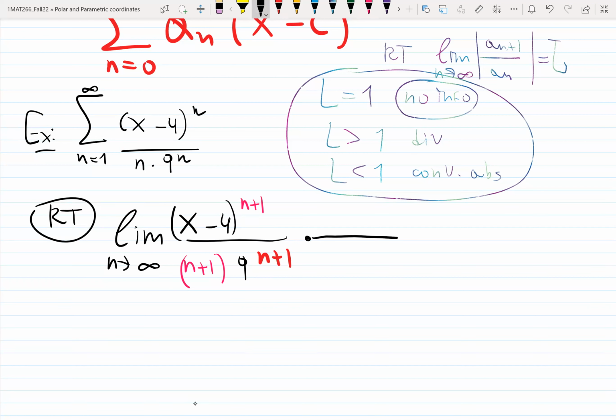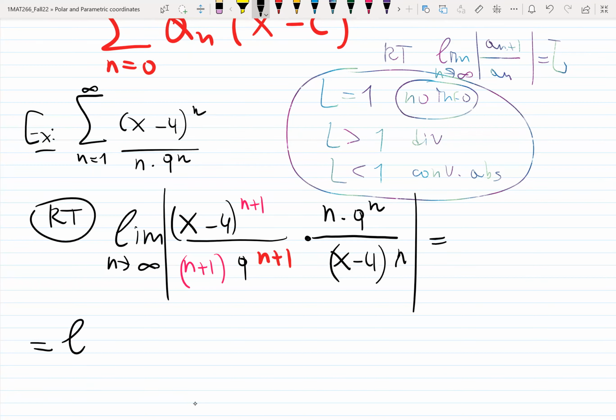Multiply by the reciprocal, I like doing that: 9 to the n over (x minus 4) to the n. Don't forget absolute value. I took points off if you didn't, because without absolute value it doesn't make sense. Now simplify whatever you can. Don't forget the limit. Without the limit, it also doesn't make sense. Actually, all of these things are important.